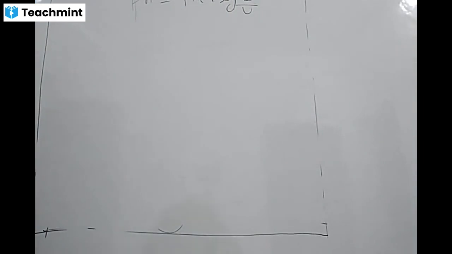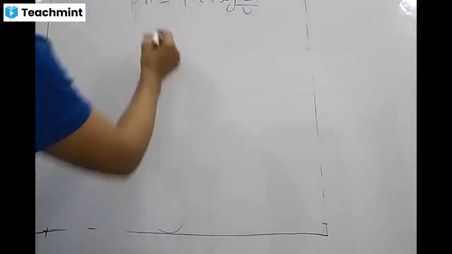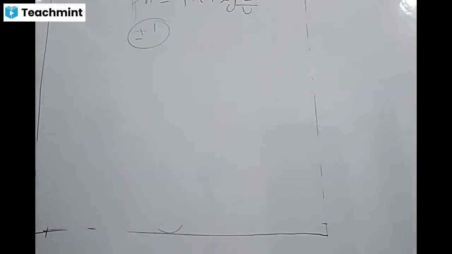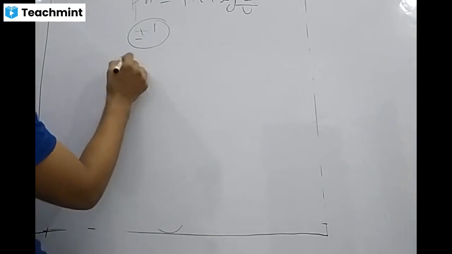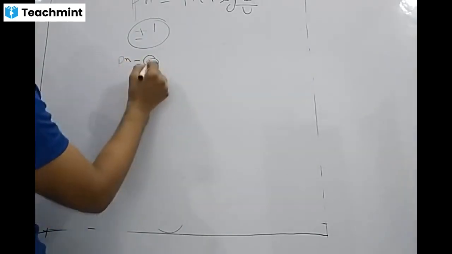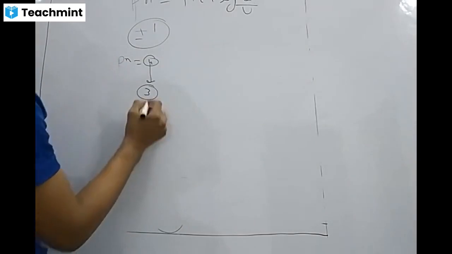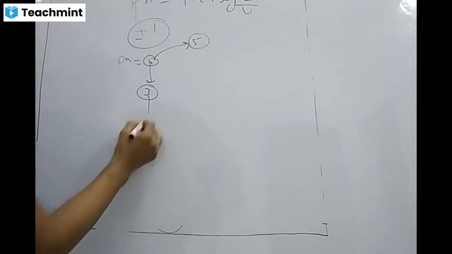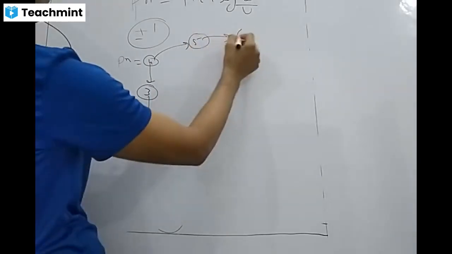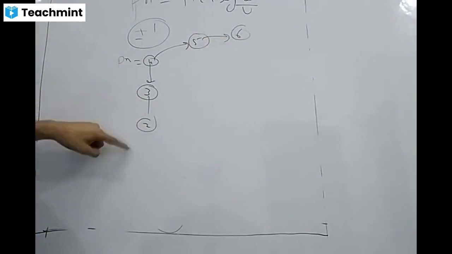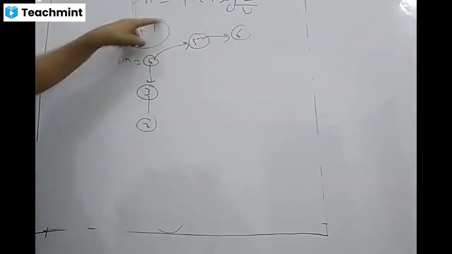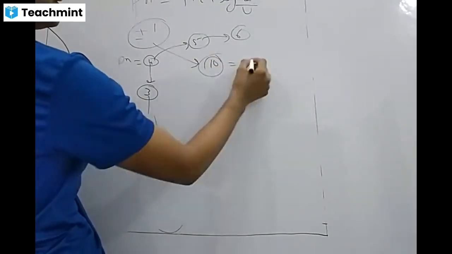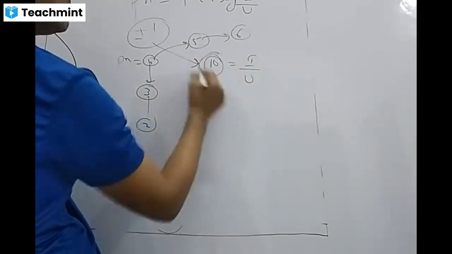If you read my module, there is one line written that if we increase or decrease the pH by 1 unit, suppose pH is 4 and I decrease it to 3, or from 4 to 5, 3 to 2, or 5 to 6, means for every 1 unit increase or decrease, there will be change in the ratio of ionized by unionized form by 10 times.